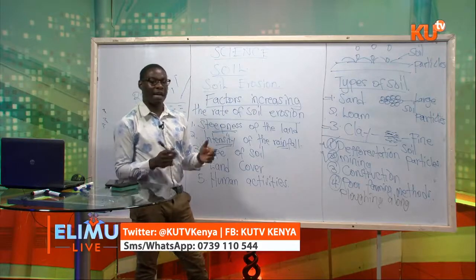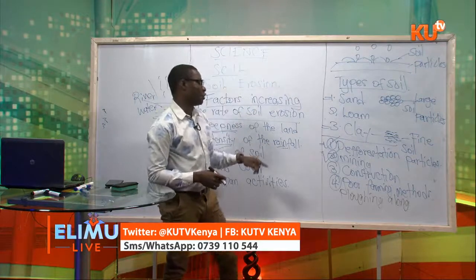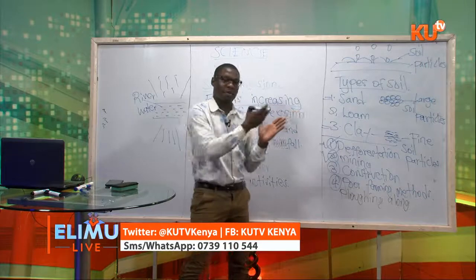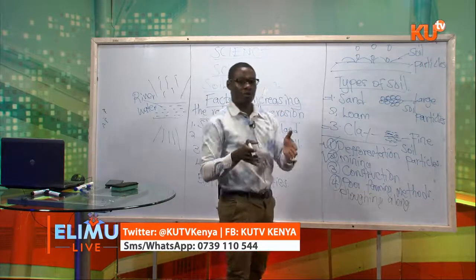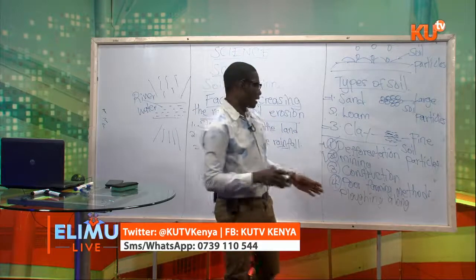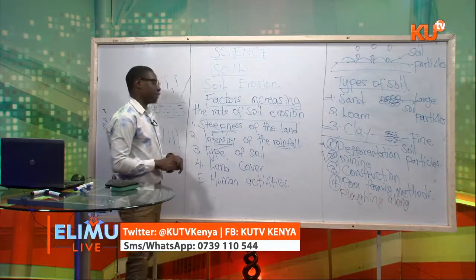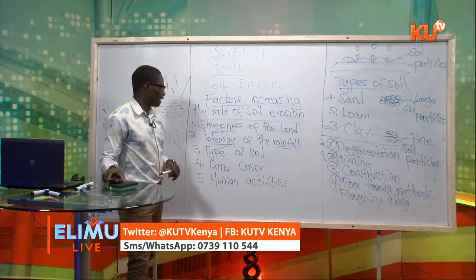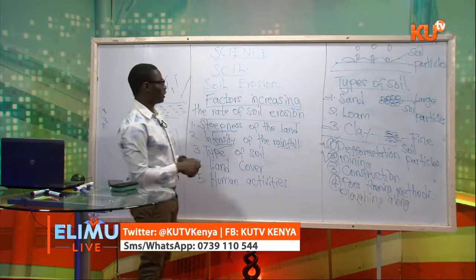If you have land that is sloppy, and you plow from top to bottom, you're going to make furrows or channels. These furrows or channels will give water a good passage, therefore carrying with it as many soil particles as possible, therefore increasing the rate of soil erosion. So these are the factors that increase the rate of soil erosion.